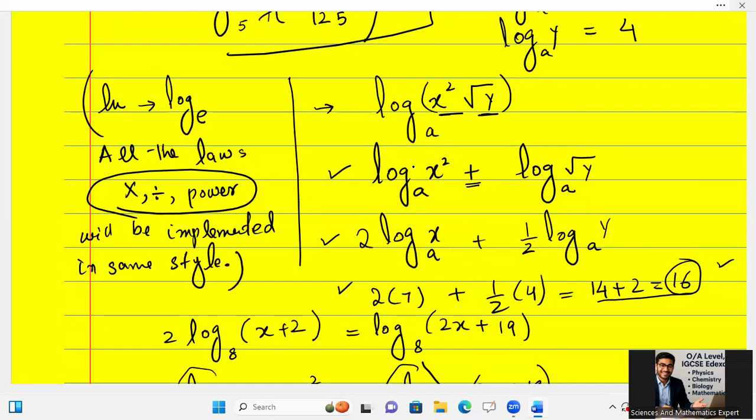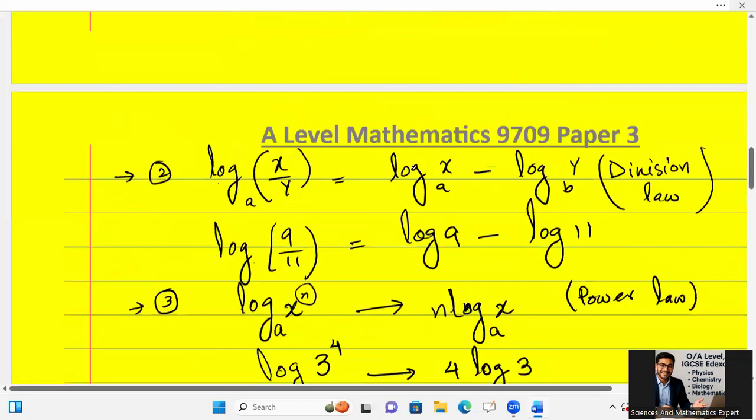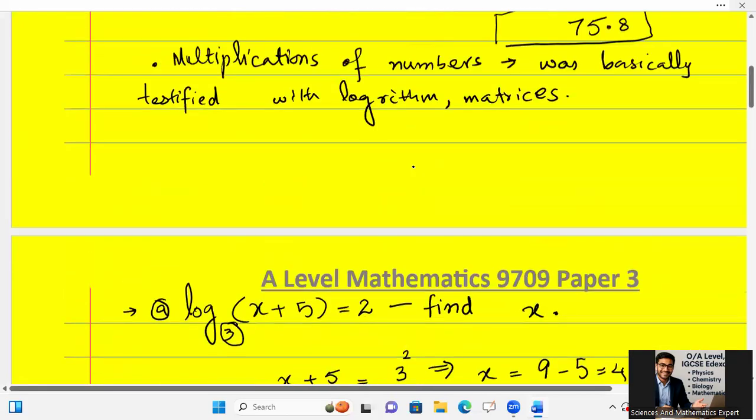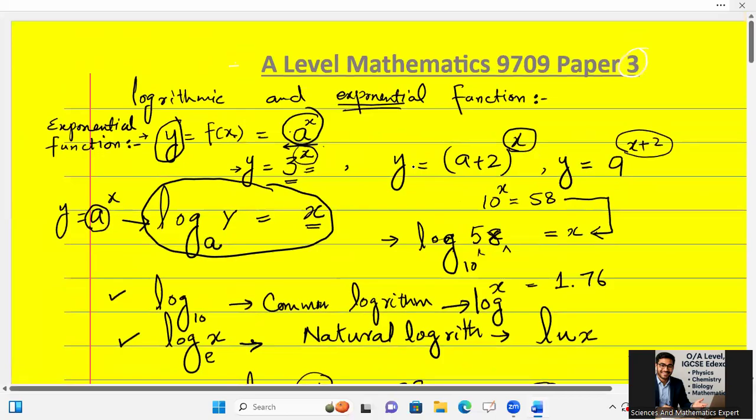This is your class for today. For tomorrow's class, we will go through the past papers of this topic of logarithm.